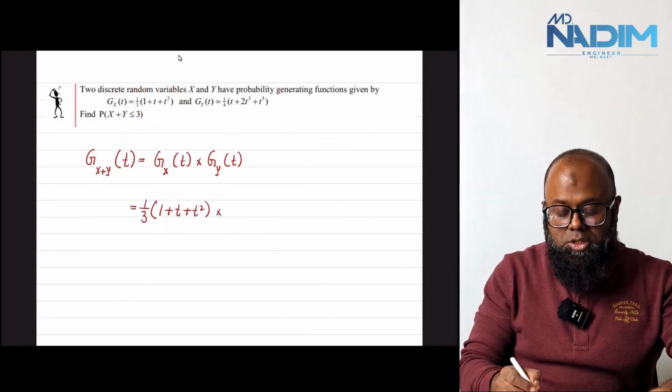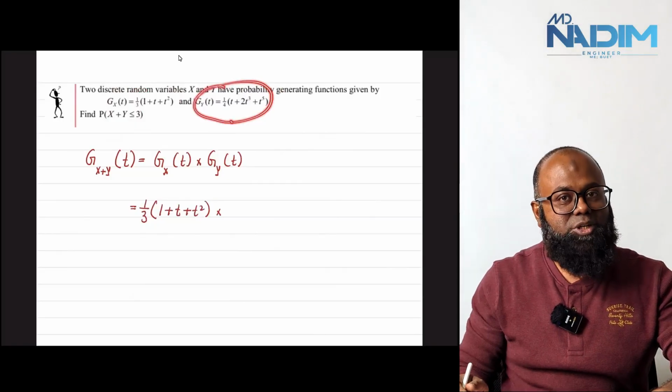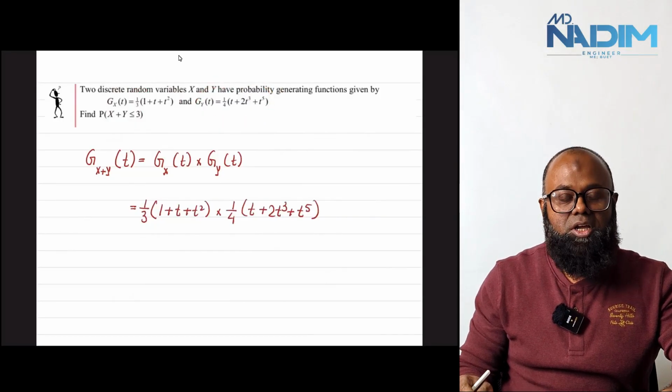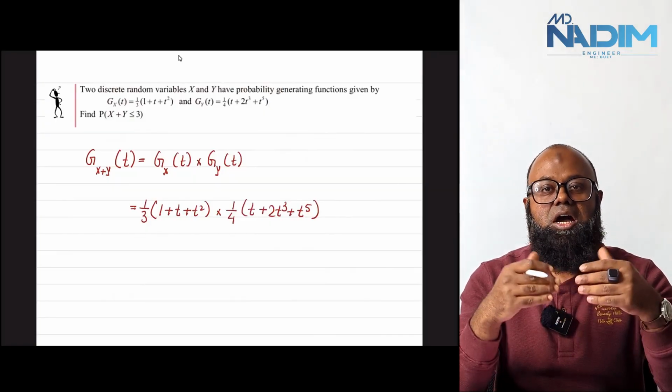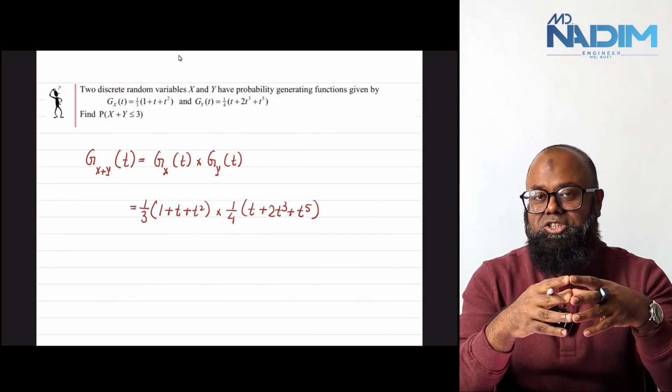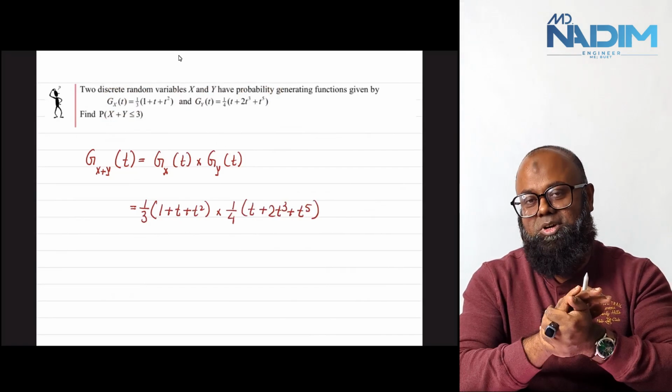Now, times this is the G of Y as given in the question. Now, if I multiply and expand this expression, I will get the probability generating function of X plus Y.